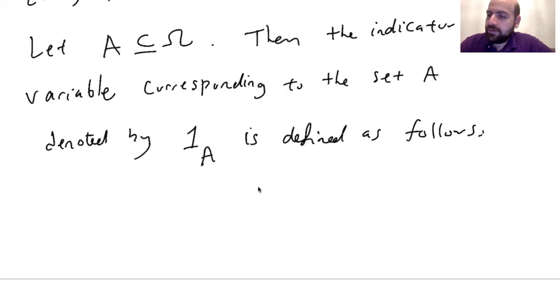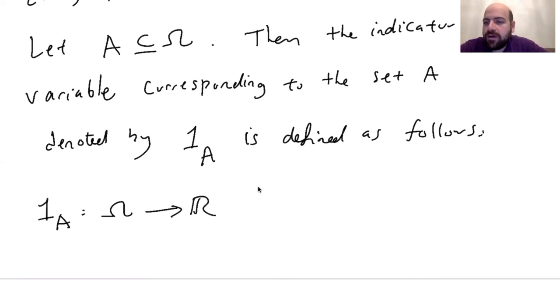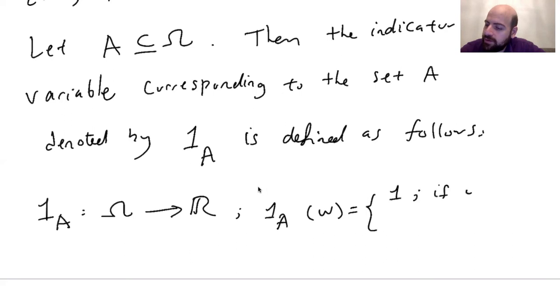Like any other random variable, 1_A is a function from capital Omega to R. Remember, any function from capital Omega to R is called a random variable. How is this function defined? 1_A on small omega is defined as 1 if omega is in A, and 0 if omega is not in A.